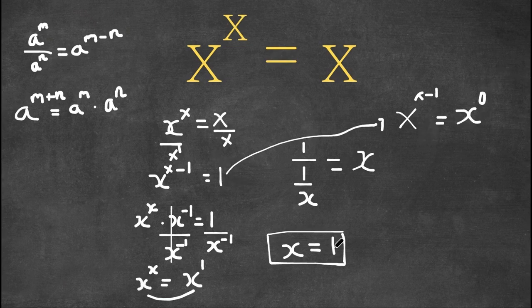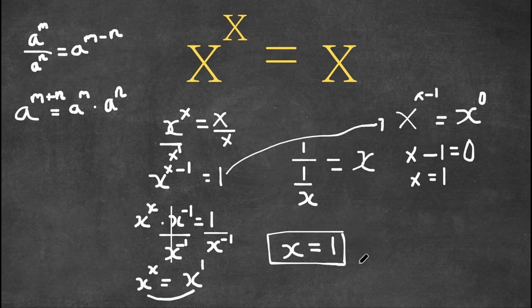Now, we're going to do the same thing as before. We're going to set our exponents equal to each other. So we set x minus 1 equals 0. And if we add 1 on both sides, we get x equals 1. So this is another way of doing it. And actually, we have our solution as x equals 1.